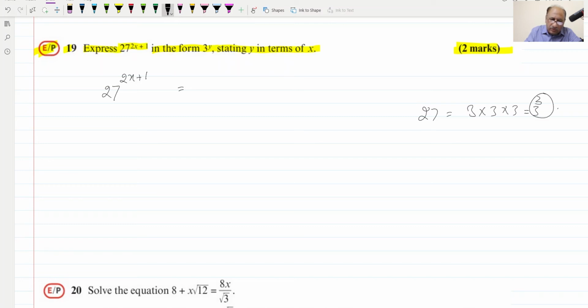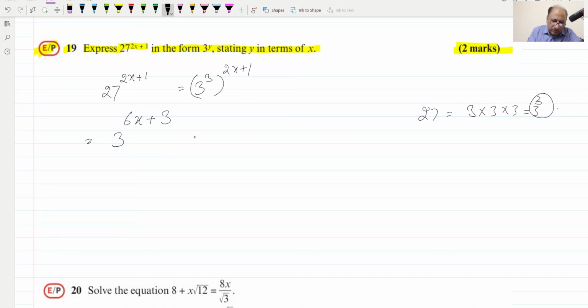So we will write 3 raised to the power 3 and whole raised to the power 2x plus 1. Now these powers will be multiplied by the indices rule. So 3 into 2x plus 1 will be 3 into 2, which is 6, so 6x plus 3.